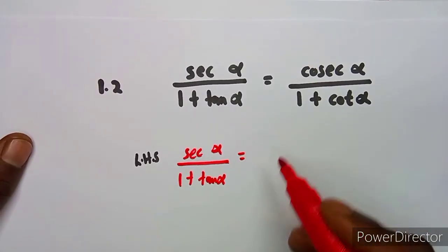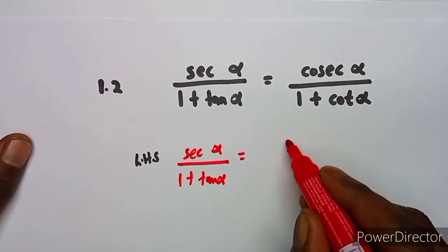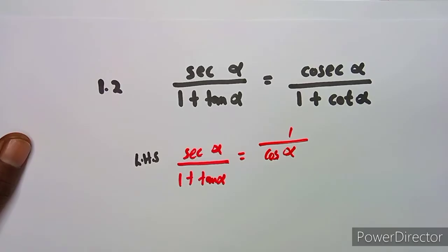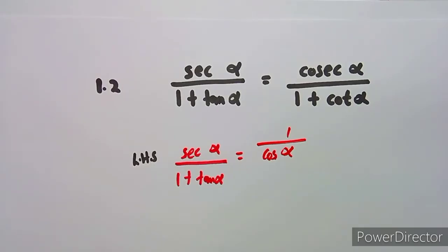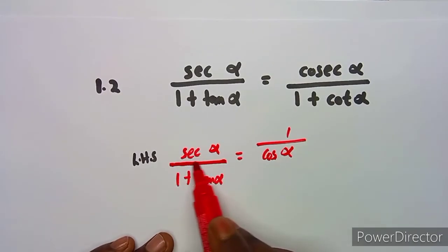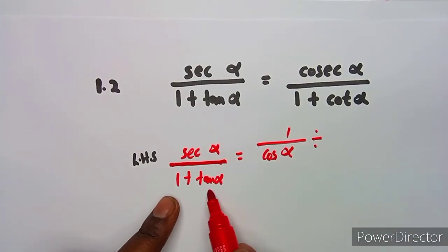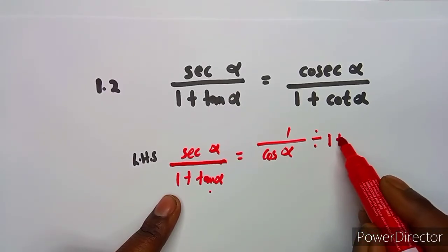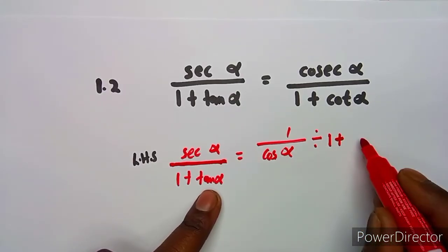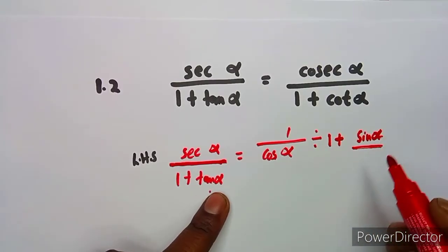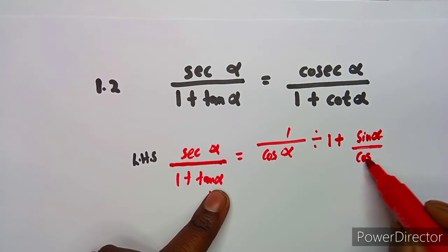So actually, we know that sec is 1 over cos, so I'm going to have 1 over cos alpha. For me not to confuse myself, this is a division, so I'm just going to put it this way, divided by 1 plus tan alpha, and we know that tan is sine over cos, so it's sine alpha over cos alpha.